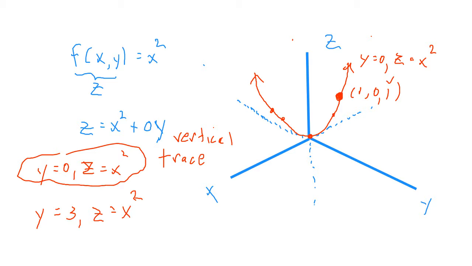Now, if we look at the curve y equals 3 and z equals x squared, here's 3. If y equals 3 and z equals x squared, then I've got to be a little careful how I draw it.